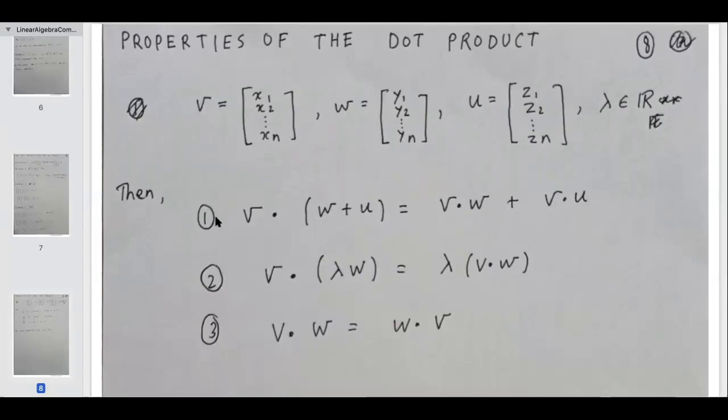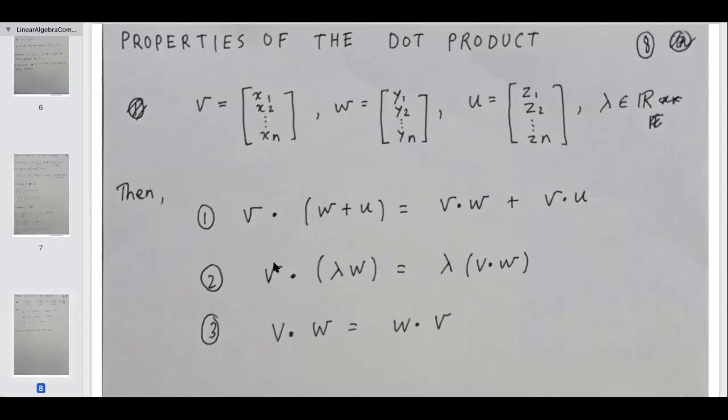Then the first property is that v dot the vector sum w plus u is equal to v dot w plus v dot u. So we can distribute the dot product into this bracket.